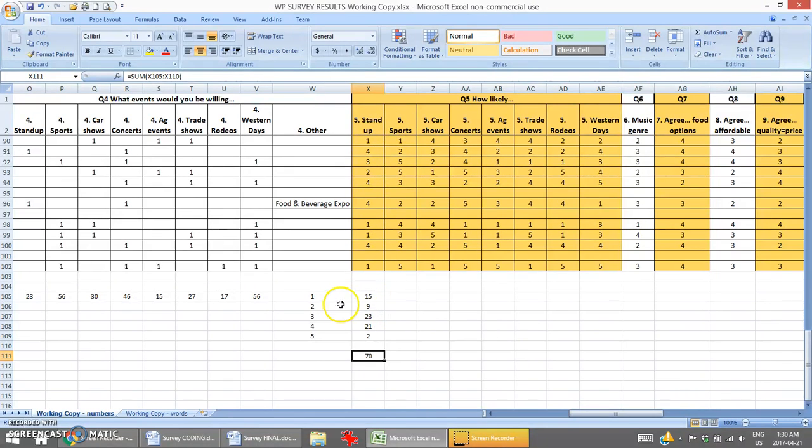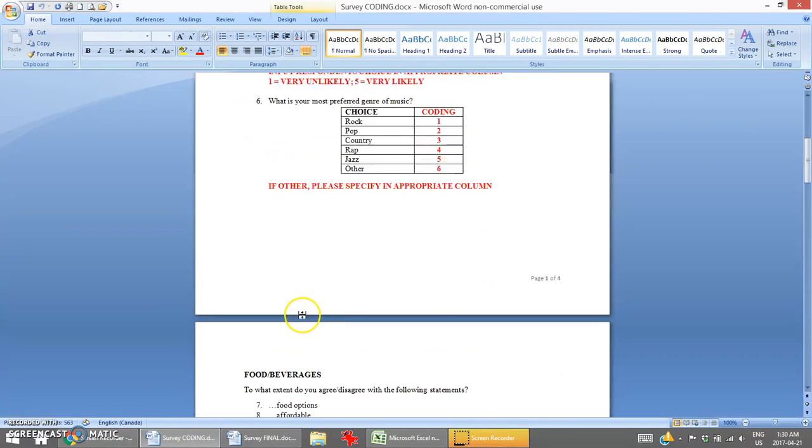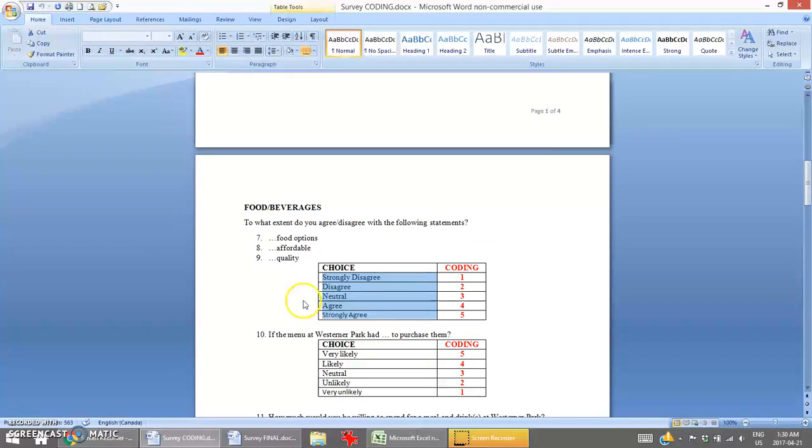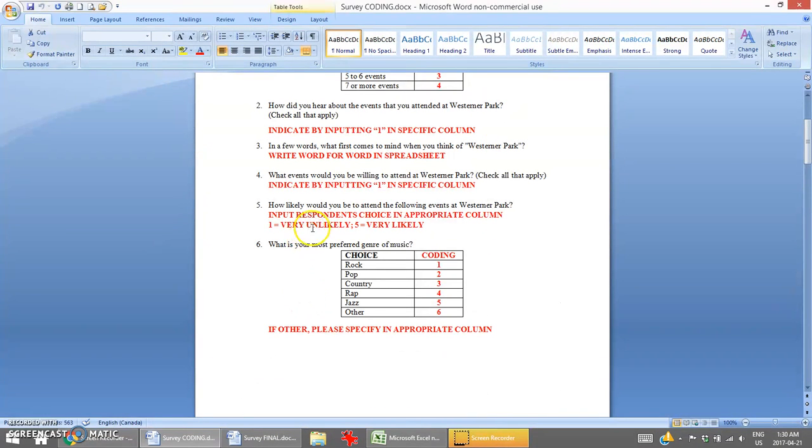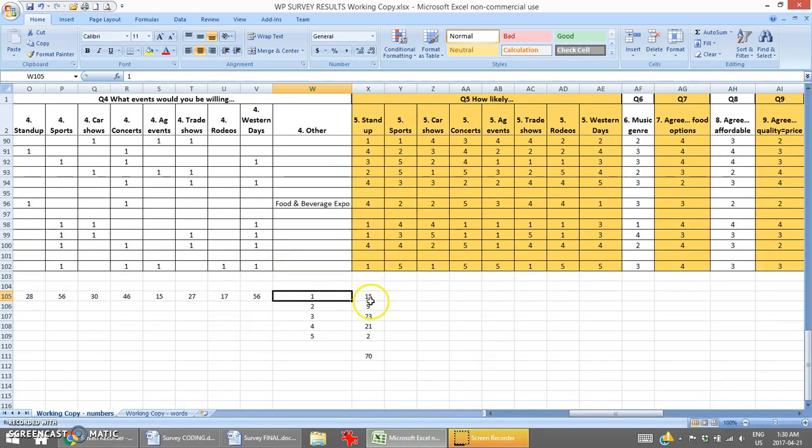So here we can know that, if we go back to our coding for question 5, 1 is very unlikely, 5 is very likely, so we got some values in the middle, a nice little column graph or pie chart with that.